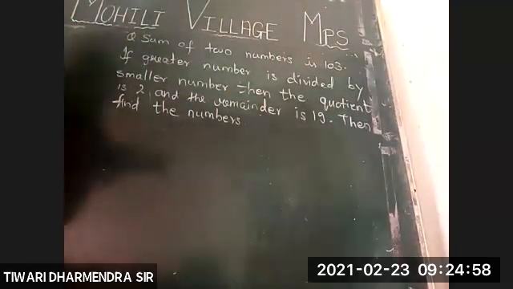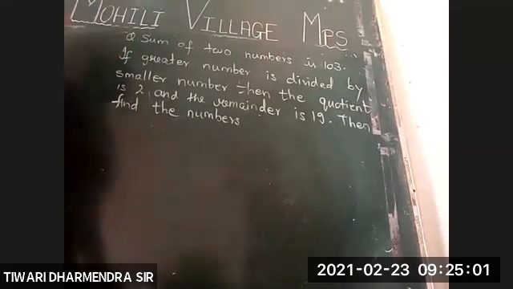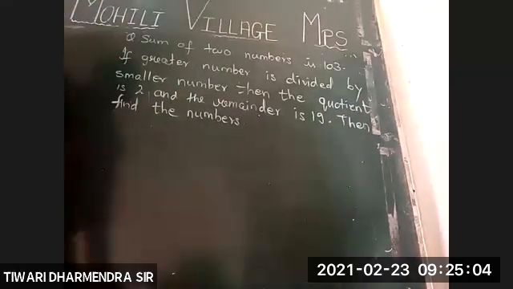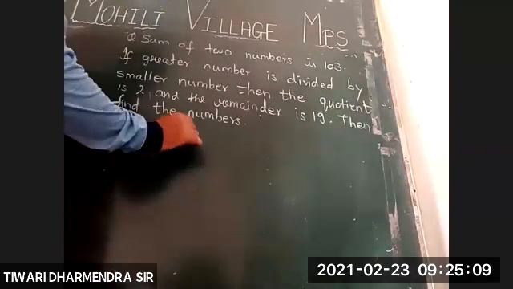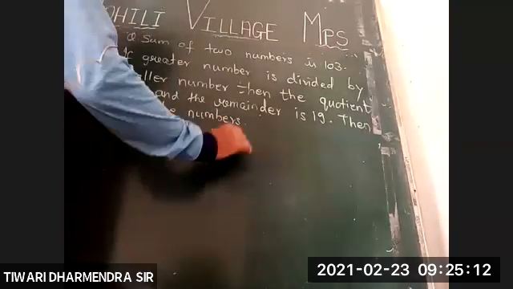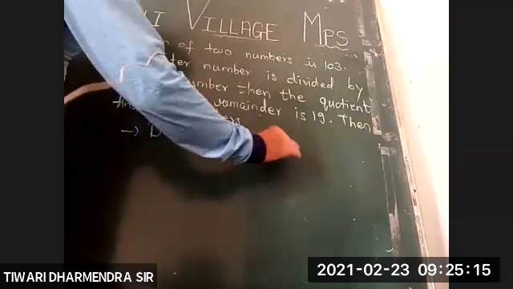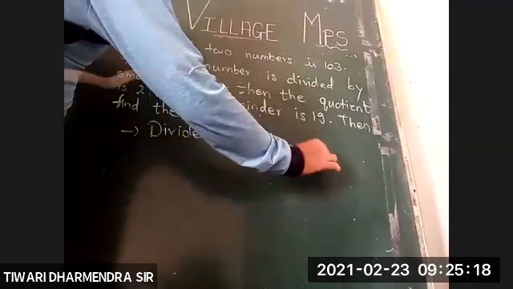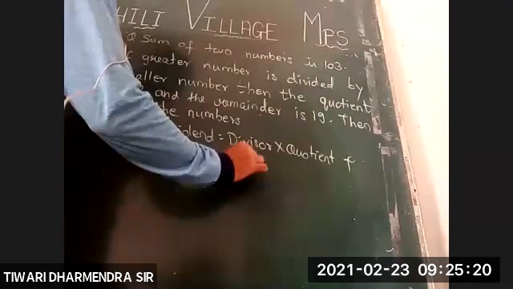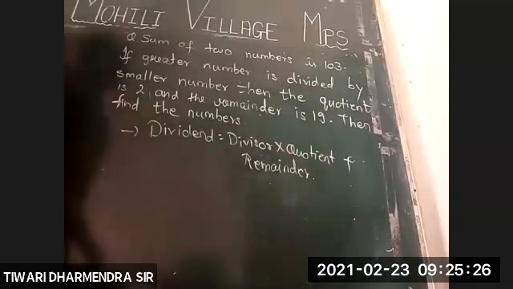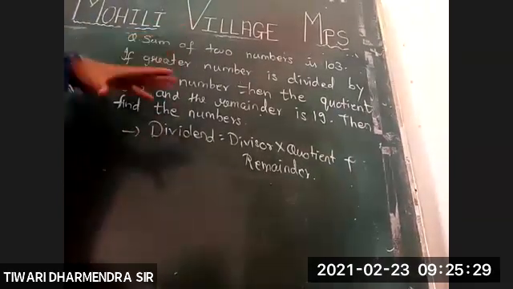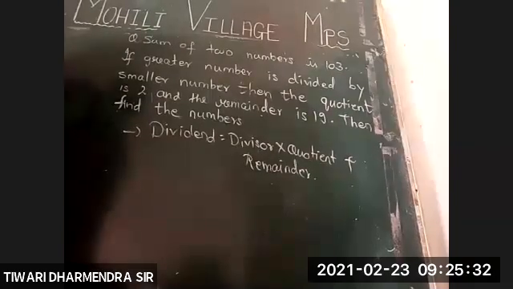First of all, while going through the question, I understood that this problem is based on this formula: dividend is equal to divisor into quotient plus remainder. We are assuming two numbers x and y.